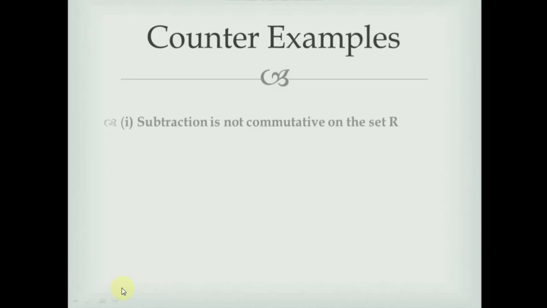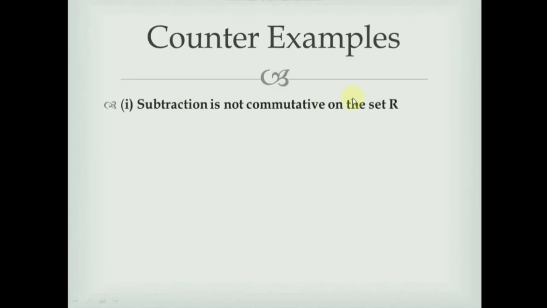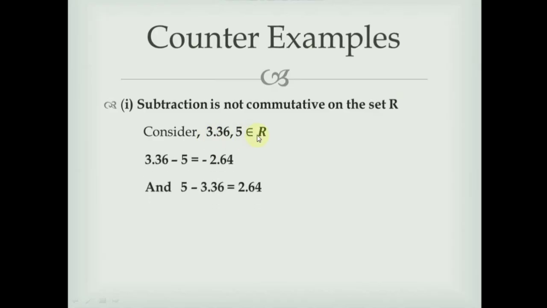Now we will see the counter example. Subtraction is not commutative on the set of real numbers. Consider 3.36 and 5 belonging to R. 3.36 minus 5 is equal to minus 2.64, and 5 minus 3.36 is equal to 2.64.